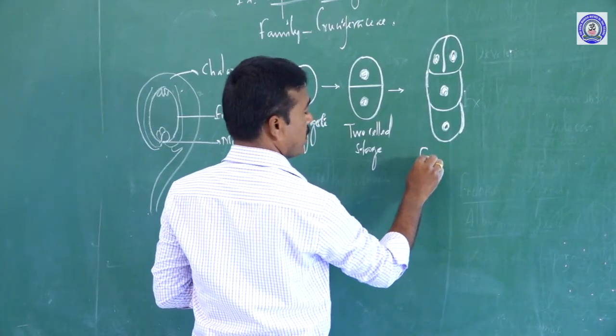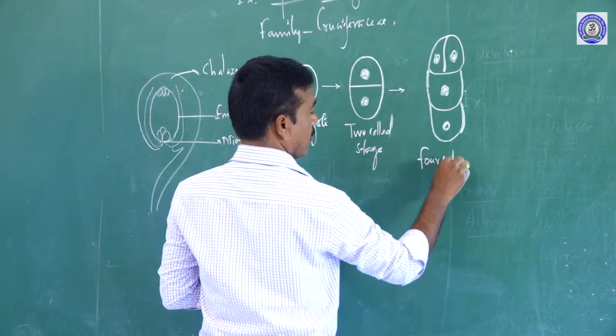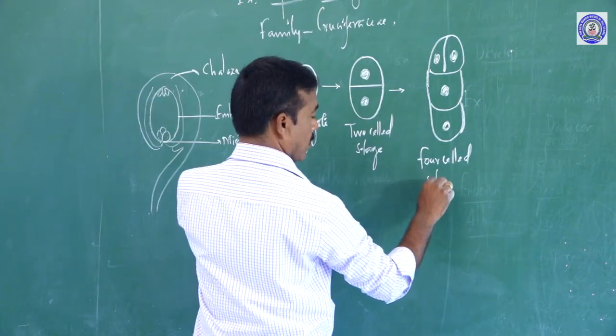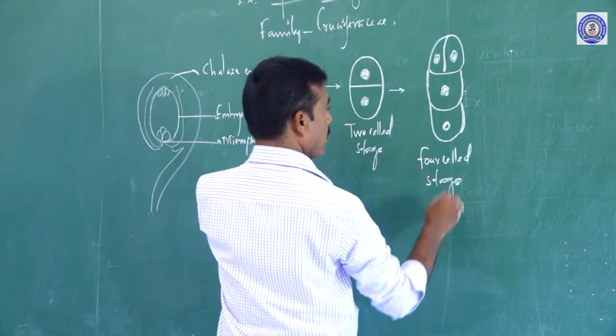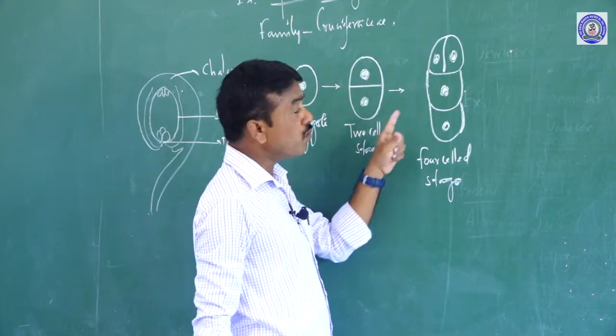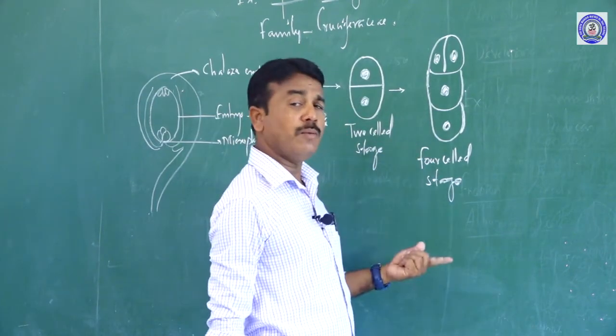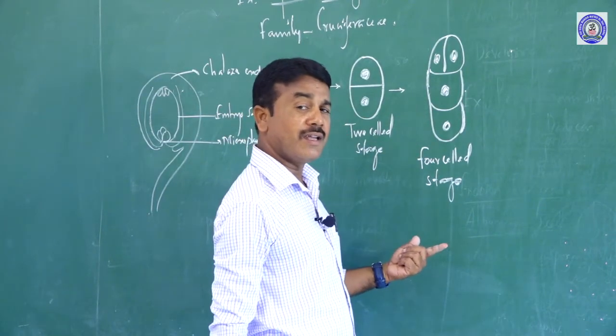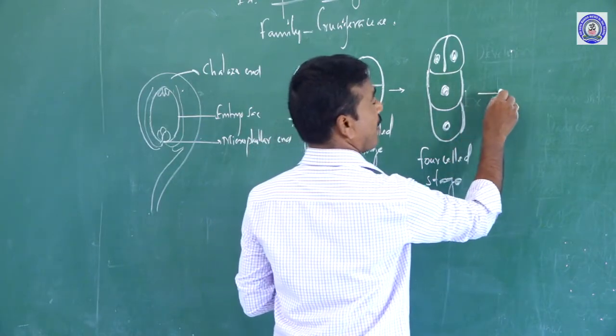The four-celled stage undergoes mitotic division, resulting in a mass of cells forming like this.